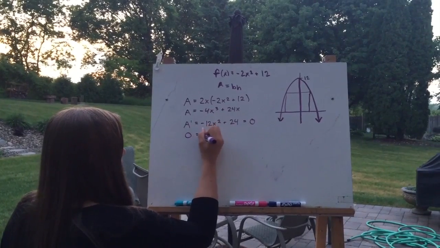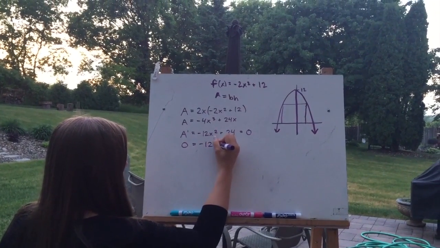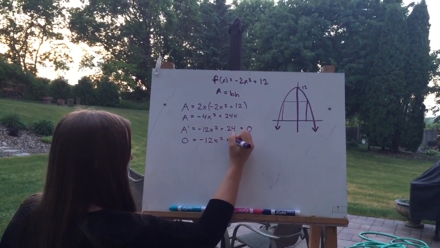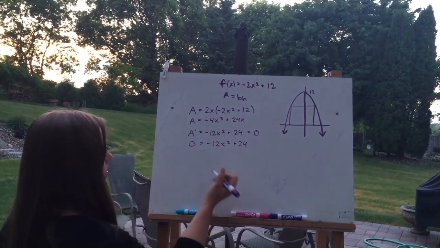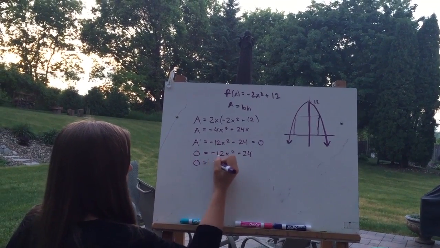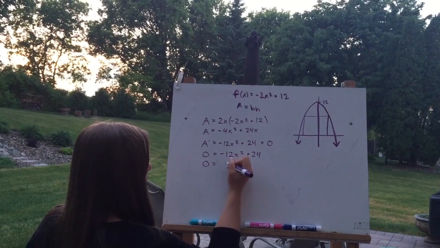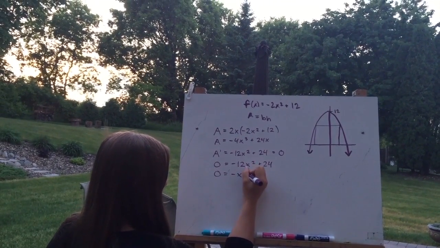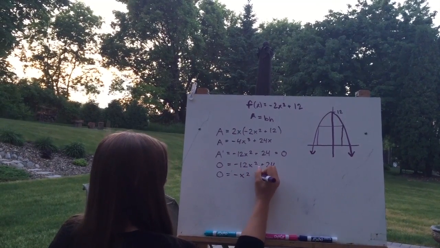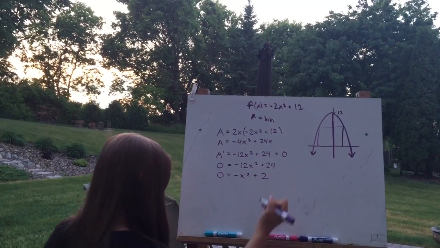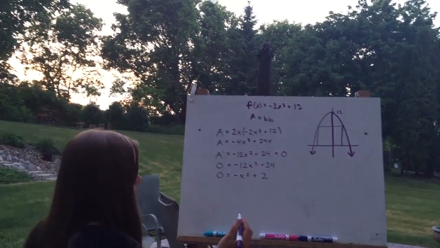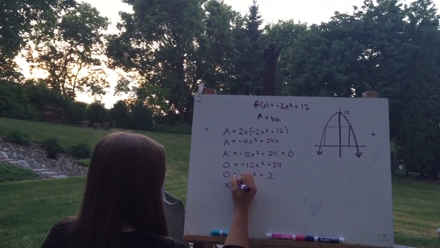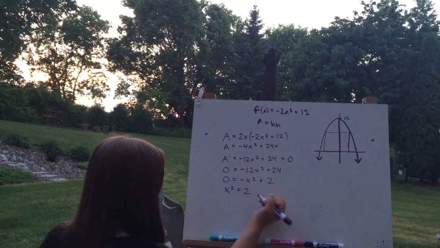Now then you can divide by 12. Negative x squared plus 2. So then from there you can move it over. You have x squared equals 2.